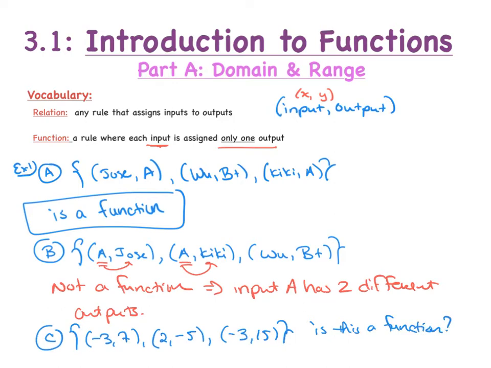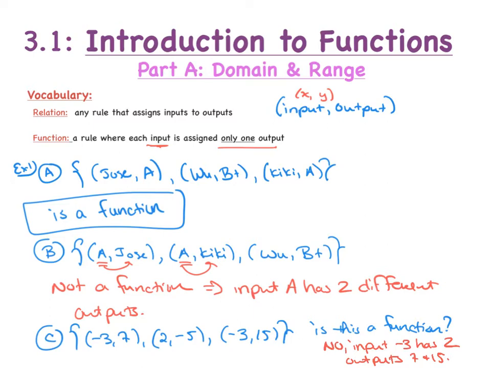And what you want to look for is, do you have an input that has two different outputs? Definitely. We have the input -3. Remember, the input always goes first, and it has two different outputs. So this would be no. The input -3 has two outputs, 7 and 15. So it's not a function.